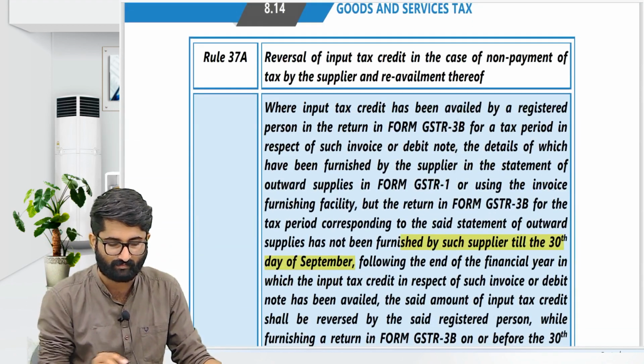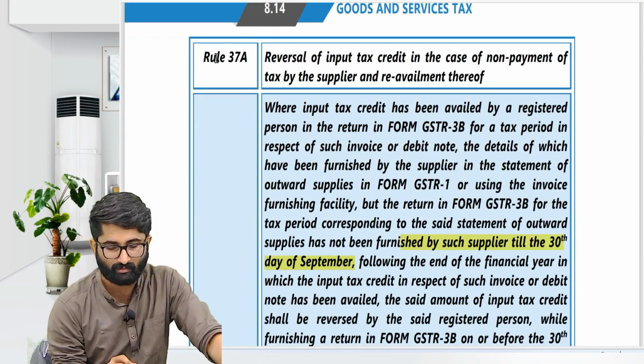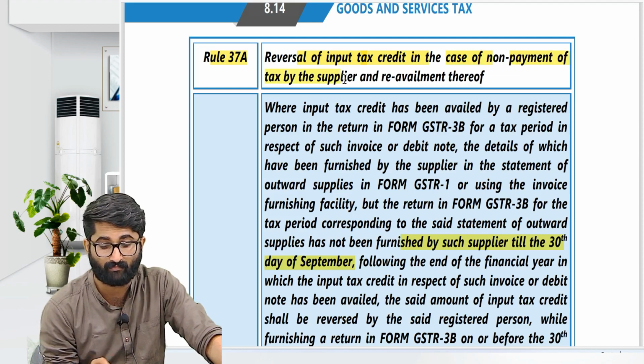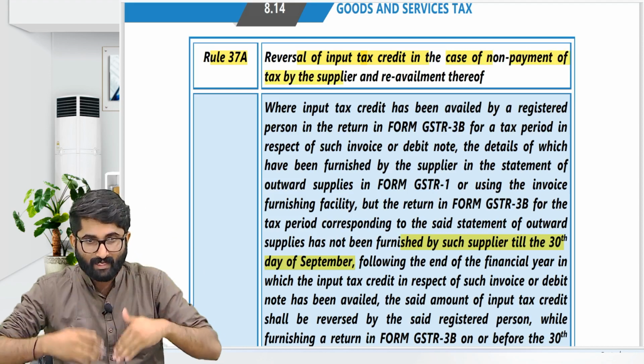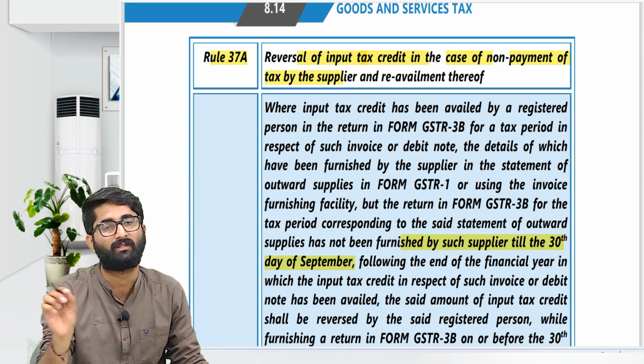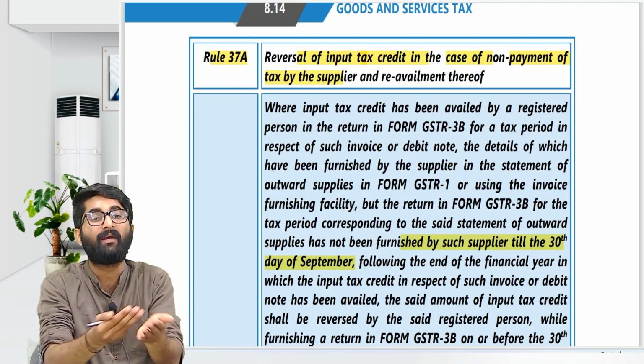And Rule 37A, the last rule under Section 16, says reversal of input tax credit in case of non-payment of tax by the supplier. So I paid the amount to the supplier, but the supplier did not pay to the government. In that case Rule 37A is applicable. I pay the supplier, the supplier files GSTR-1.